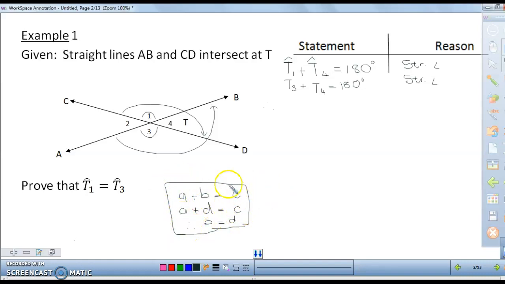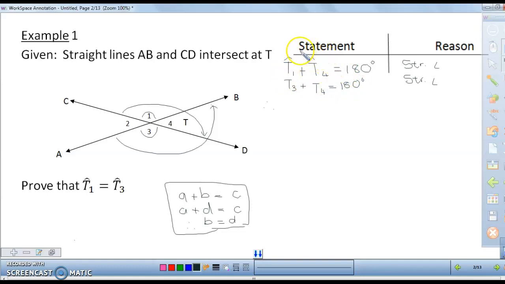So we're going to use this with these two equations, because if you look at them, you will see that angle T1 plus angle T4 add up to 180. You have T3 plus T4 that also add up to 180, which means both of them add up to the same thing.